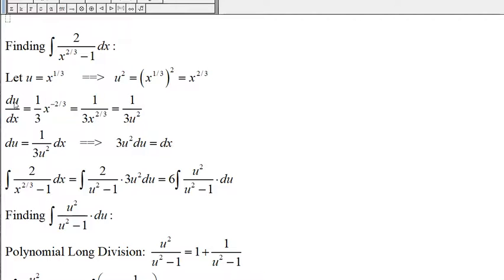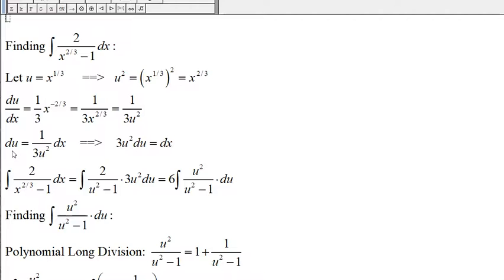The derivative of u with respect to x is 1/3 x^(-2/3). Here we subtract 1 from the exponent. This can be rewritten as 1 over 3 times x^(2/3). But x^(2/3) is u squared, and so we have 3u squared.